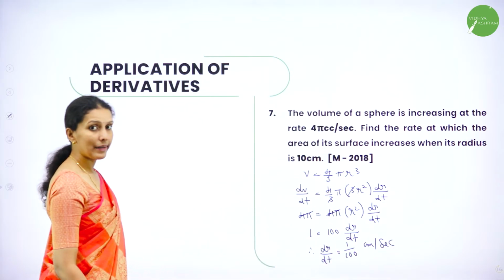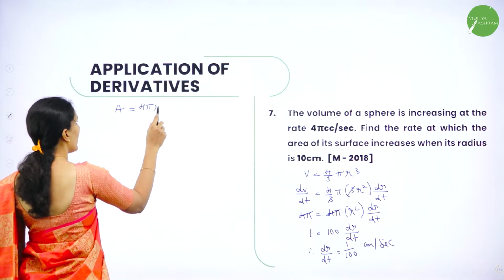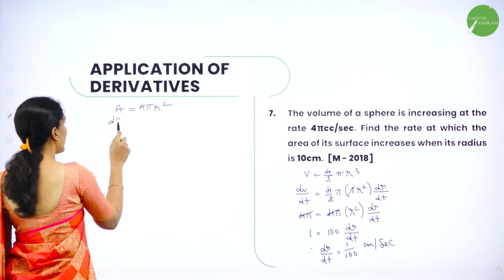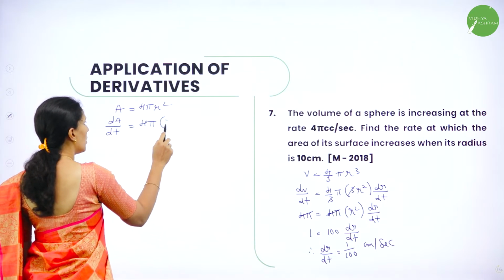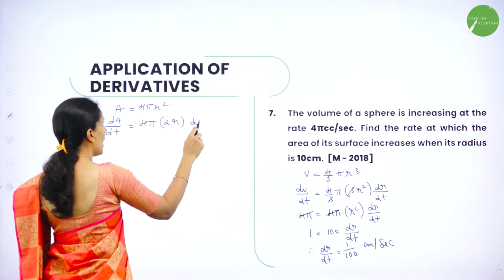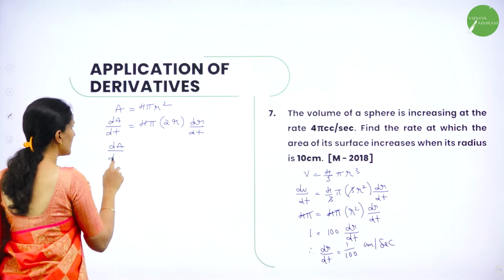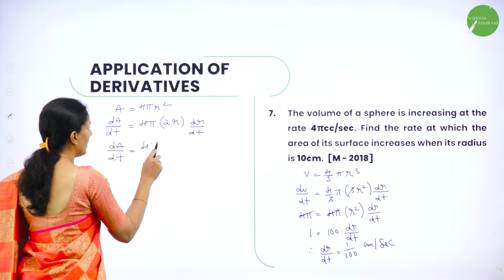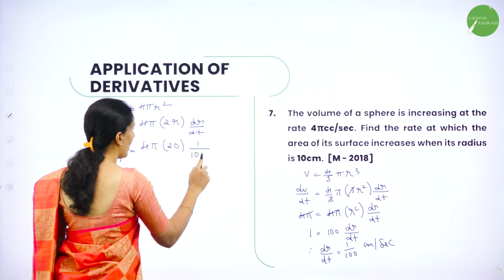Next we need to calculate the surface area, that is area is equal to 4 pi r square. So change in area is dA by dt equal to 4 pi 2r dr by dt. So dA by dt is equal to 4 pi times 2 times 10, which is 20, times dr by dt, which is 1 by 100.